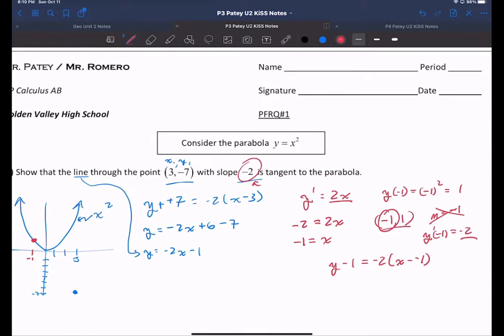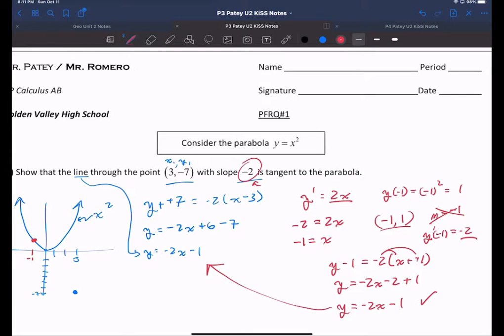So this is actually a positive. I'm going to distribute this -2, so I get -2x minus 2, and then I add 1 to the other side, and it looks like I get y equals -2x minus 1.